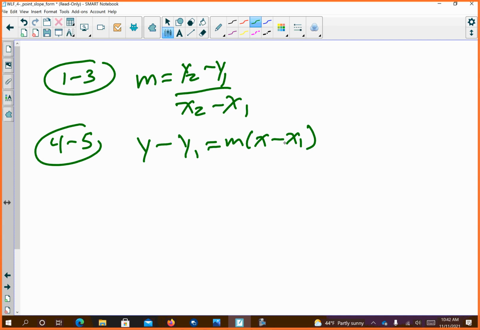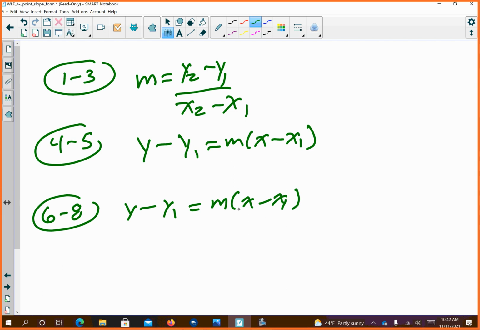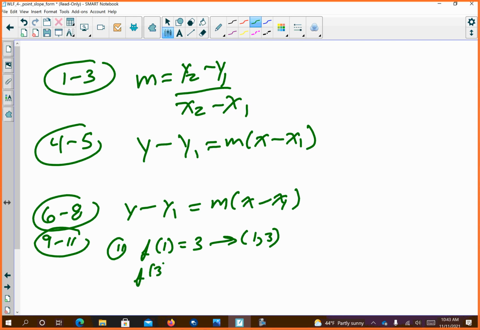And 6 through 8, you're going to use point slope. And it's also the same thing for 9 through 11. Given the following equation, write the line's point slope form. And the one thing that you have to realize is like number 11, when they have it listed like this, if they have f at 3 on number 11, that would give this point. Okay, so that's some information.